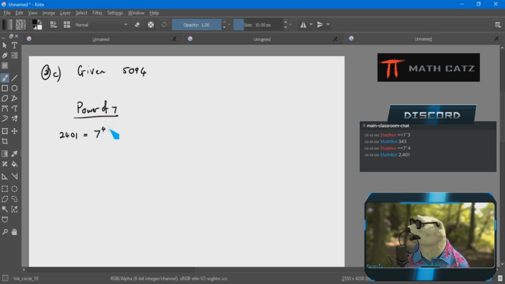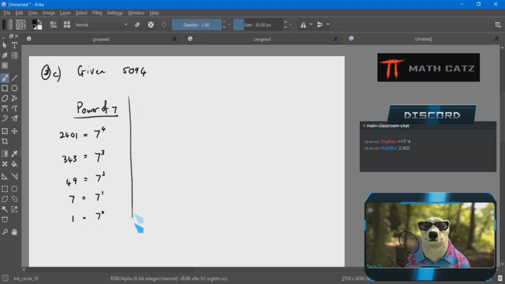Once I've selected the highest power that can fit, I cannot skip any other power going down. And 7 cubed we found was 343. 7 squared is of course 49. 7 to the 1 is 7. 7 to the 0 is the ones column, or the ones place, rather.